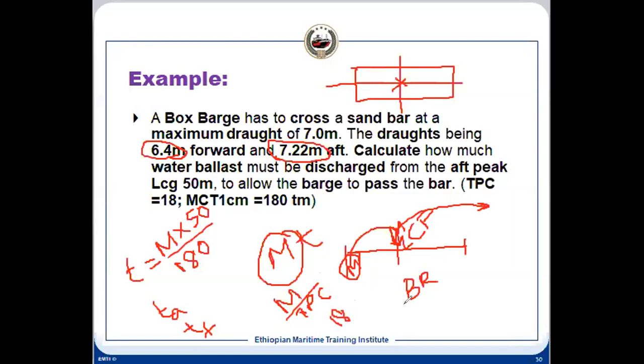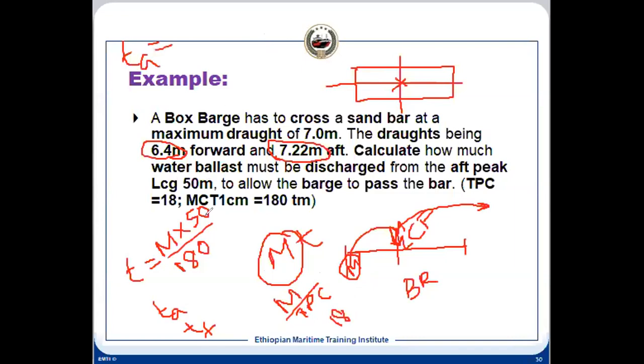Now, why are we doing so? Because we need to achieve 7 meter draft aft, because aft is 7.22 meter. Now, if we calculate TA, how much is it?